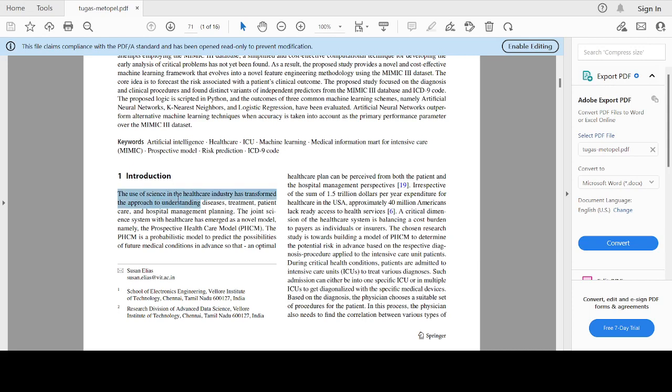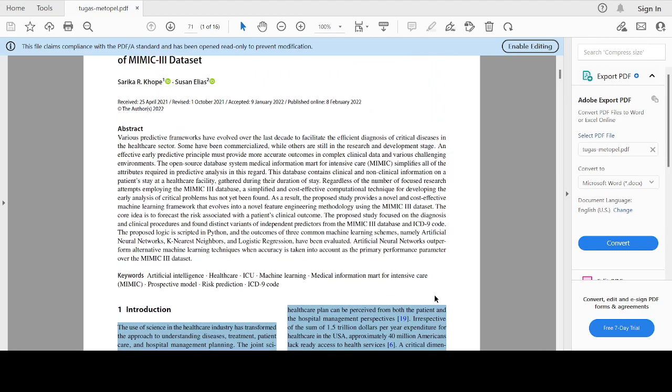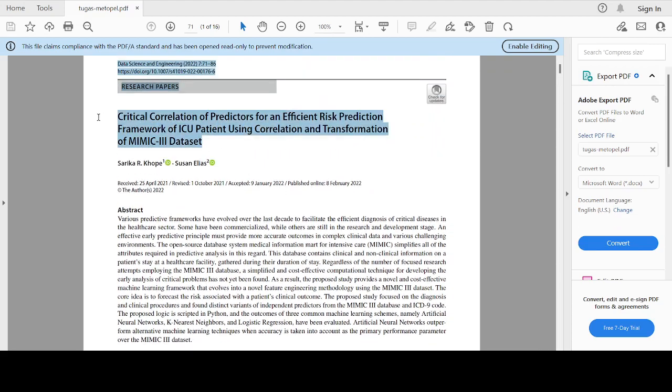Introduction. The use of science in the healthcare industry has transformed the approach to understanding disease, treatment, patient care, and hospital management planning. Okay, so in the introduction, of course, in a paper, you need to describe basically the base of your title.